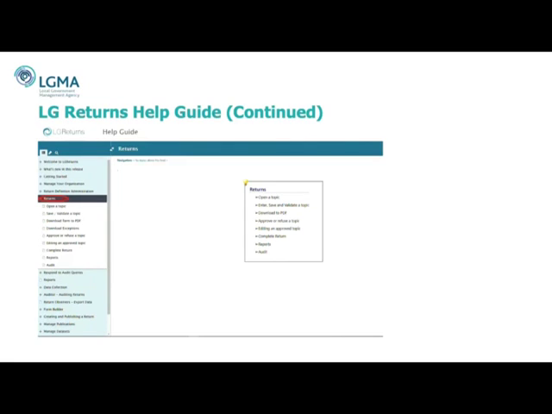So that's just one of many different tabs or sources of information on the LGReturns system and how it might help you address any issues or problems that you may have while entering the data on LGReturns for the 2020 performance indicator data collection.